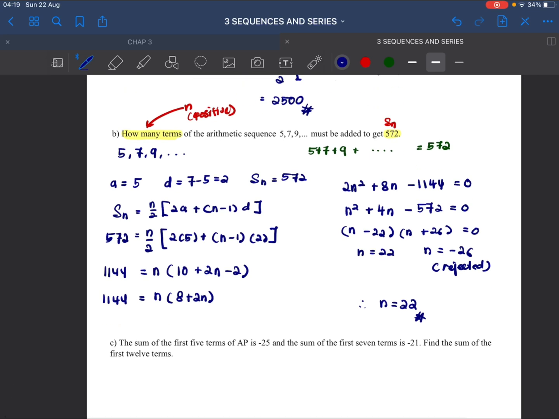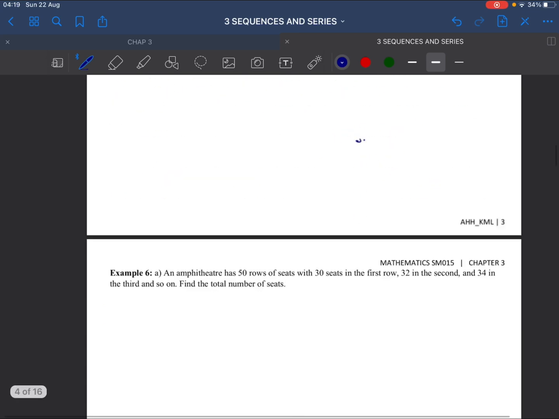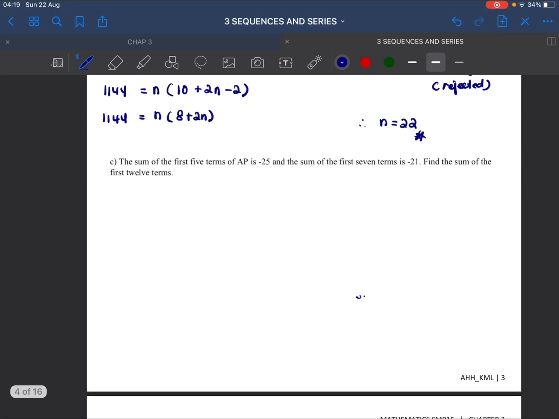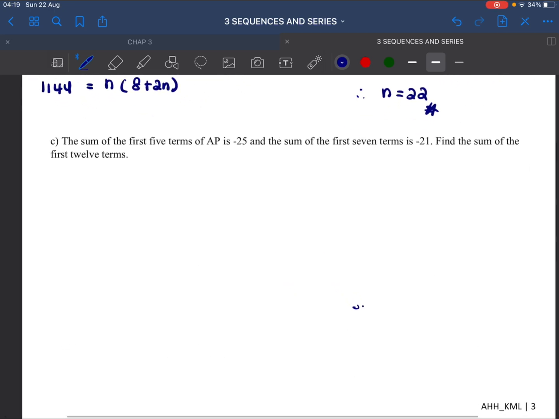Okay, so let's see the last example here. Oh bukan last, ada lagi. So the question asks for the sum of the first 5 terms of AP. AP is arithmetic progression. Sum of the first 5 terms, which we know that this is S5 equals to negative 25.